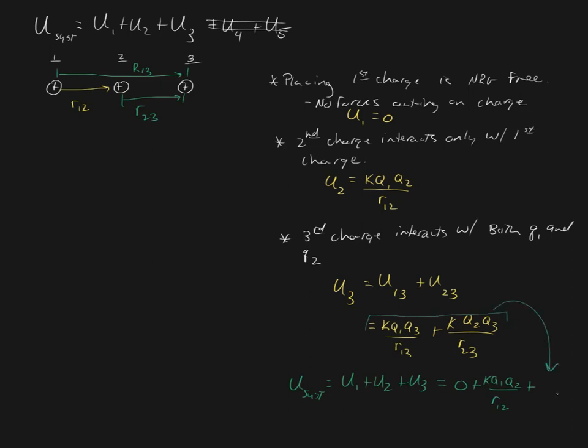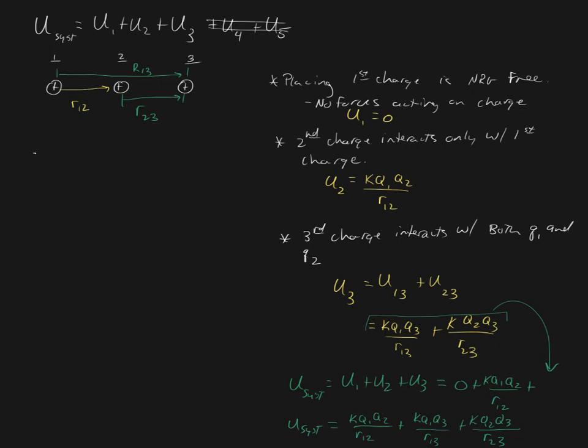I'm not going to be able to squeeze that in, so I'll do it on the next line down. So our final answer is U of the system is equal to all of that. The charges do not need to be in a line.